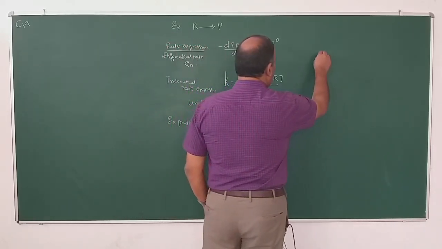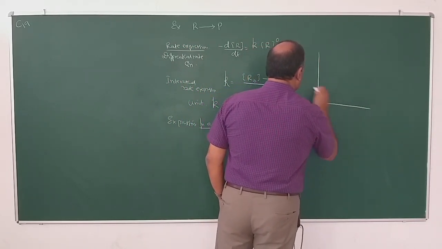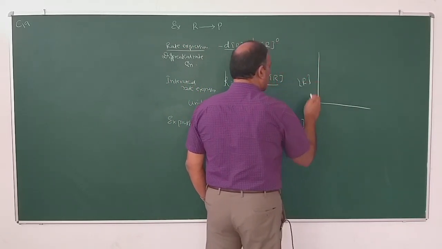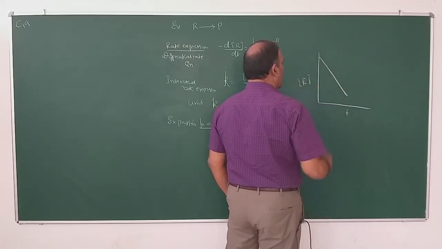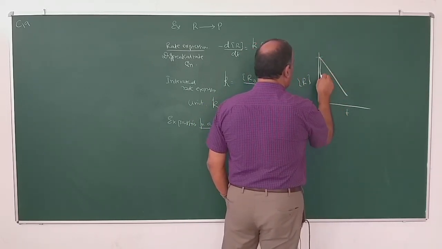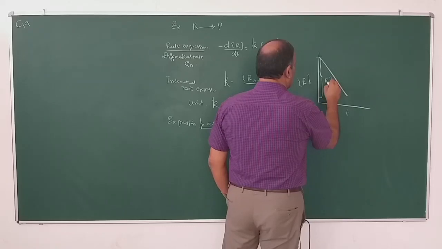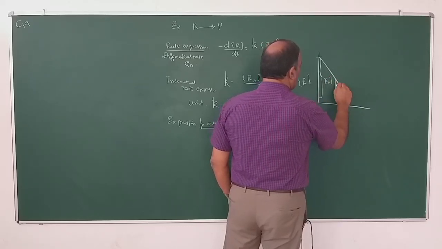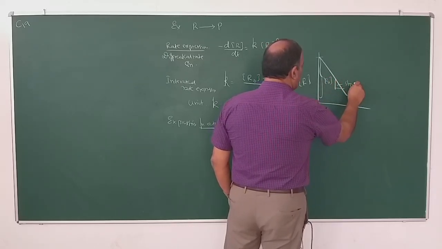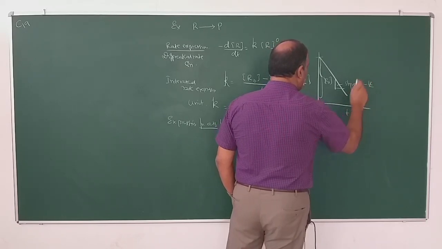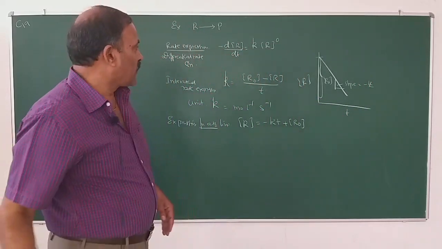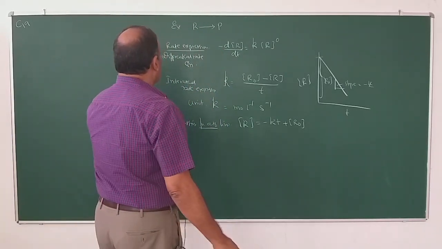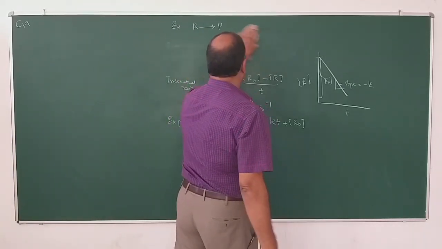So if you plot the concentration of reactant [R] versus time, you will get a straight line. The intercept gives [R]0 and the slope equals minus K, a negative slope. So this is all the information regarding zero order reaction.